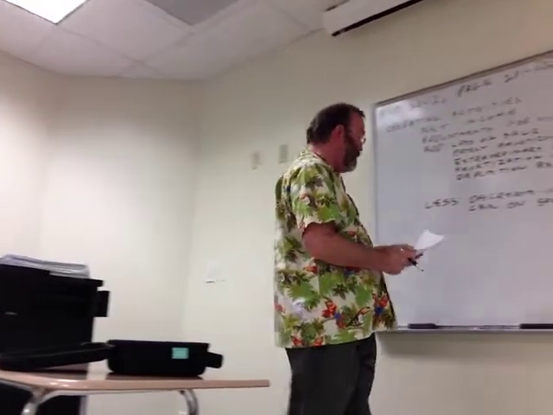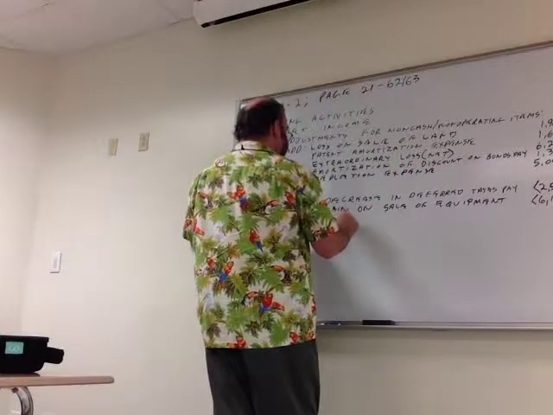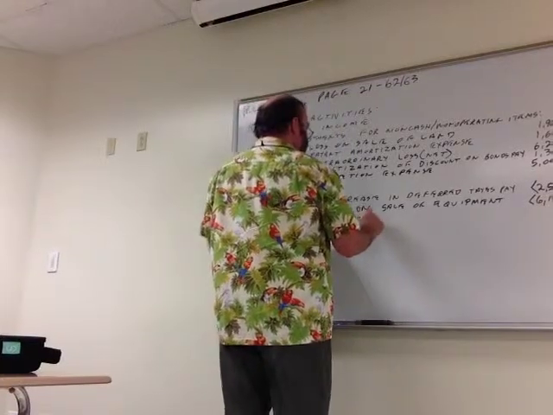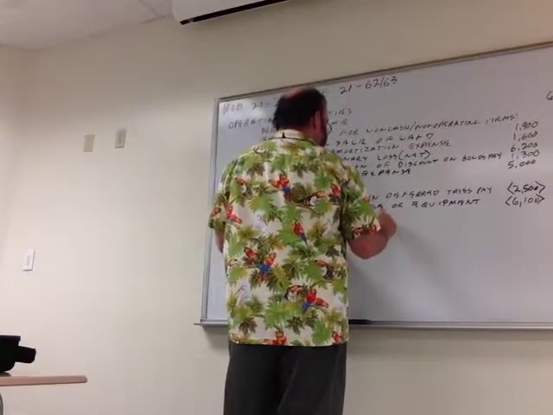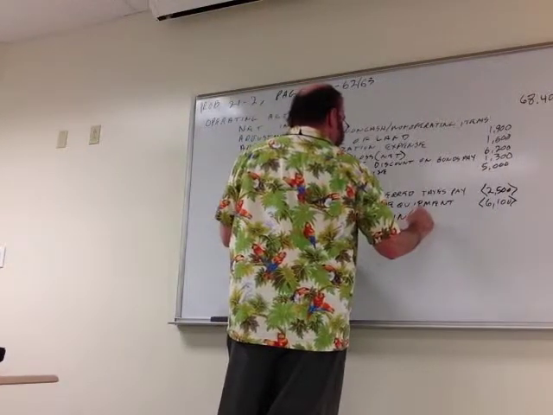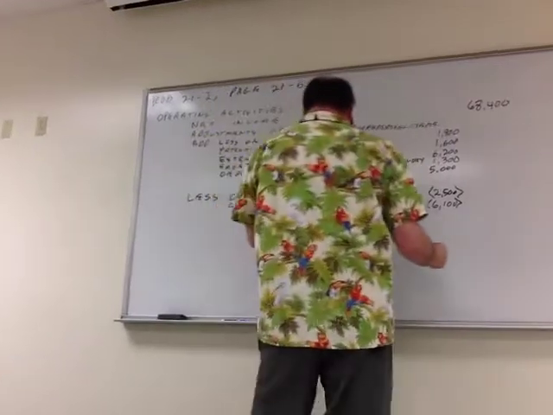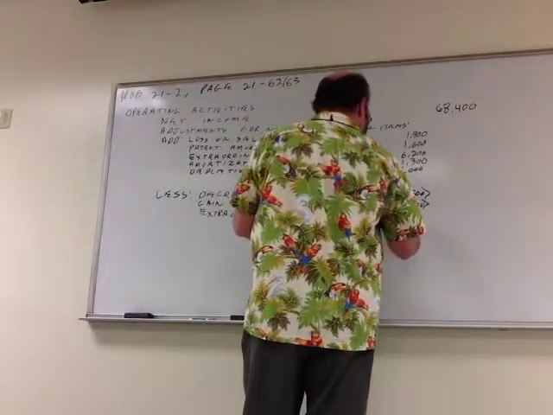Item O is not applicable, proceeds from issuance of stock. And now we've got an extraordinary gain. We had an extraordinary loss earlier, now we have an extraordinary gain. $3,700.